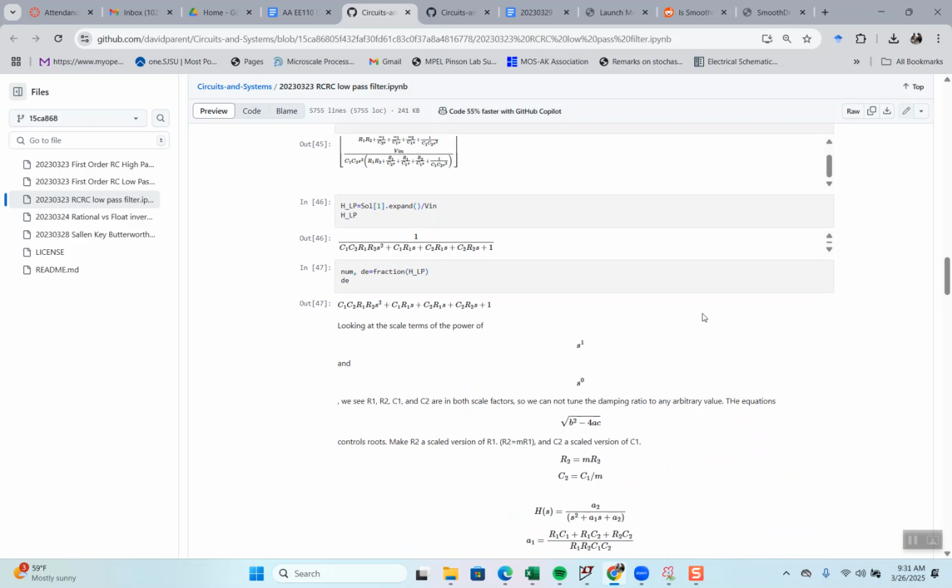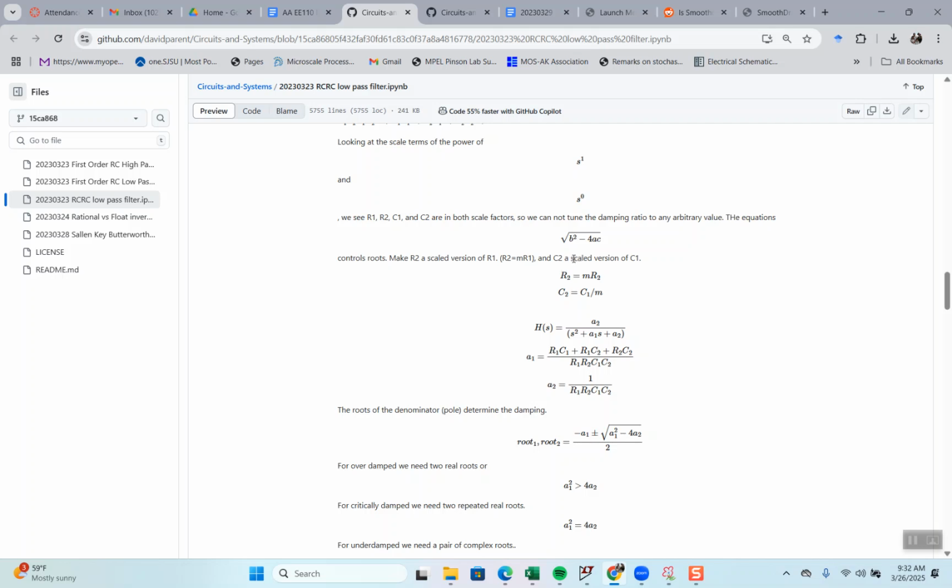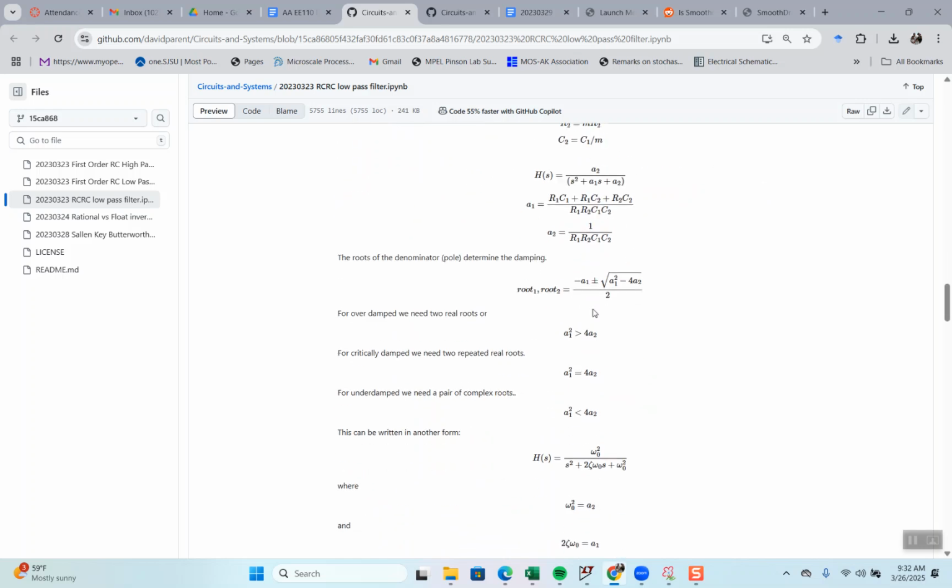But in the end, I have C1, C2, R1, R2, and they're in every term. I need to solve for the poles. So this is just like a second order circuit, except R2 is a scalar of R1, and C2 is a scalar of C1.